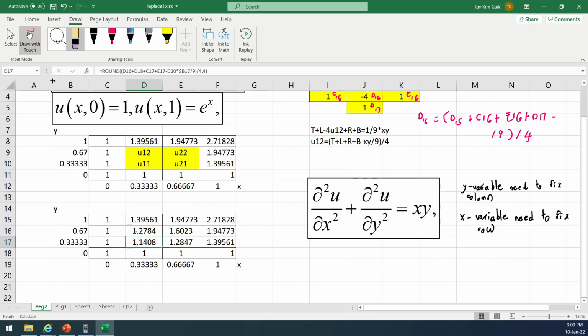So the initial formula: X is D19, Y is B16, X times Y. Okay, X variable fixed row, so dollar at the back, or in front of the row label.